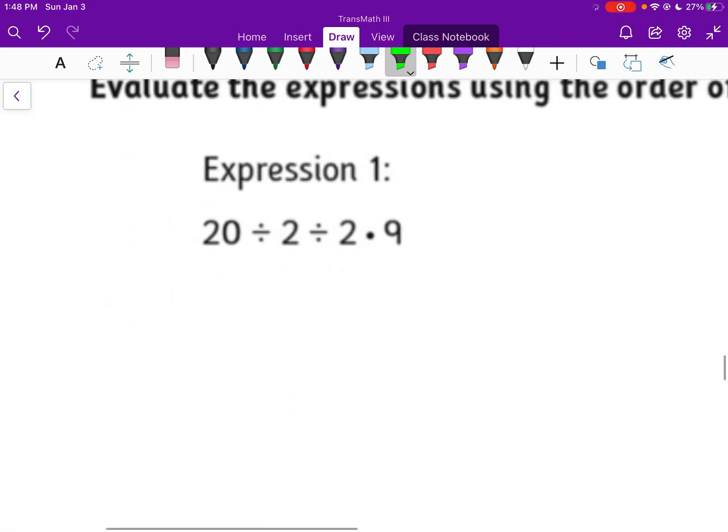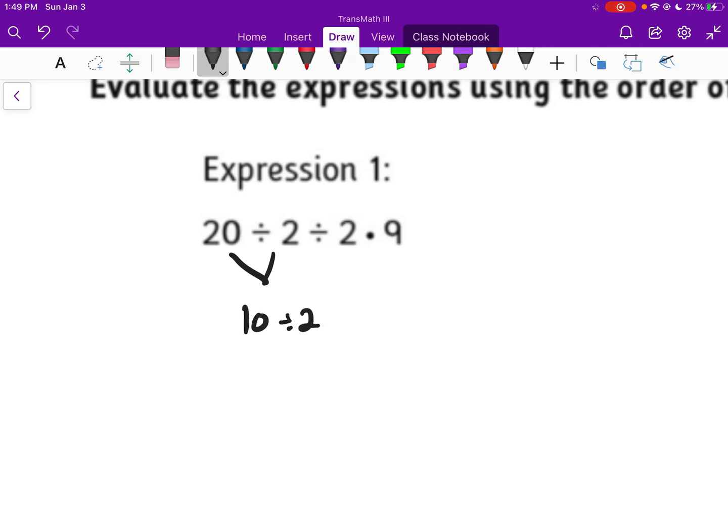So in this case, we have a numeric expression. I see division, division, and multiplication. All I have is multiplication and division, which is our first level. But again, we do not pick the order in which we do it. We have to work from left to right. So we would do 20 divided by 2 first, because that is the first operation that comes up from left to right, which gives us 10.